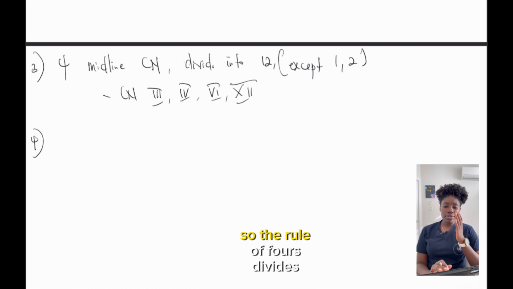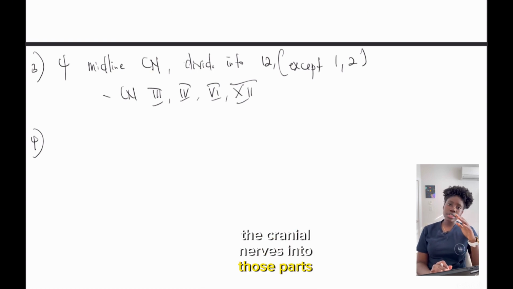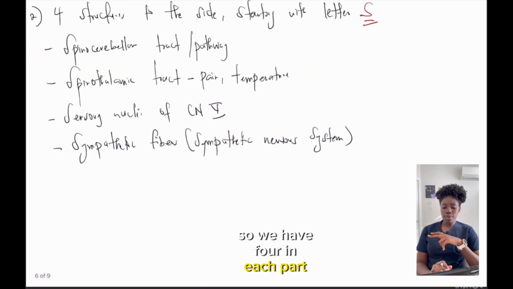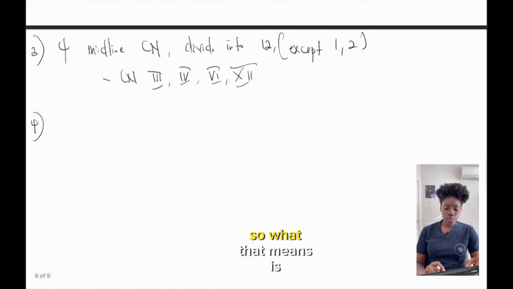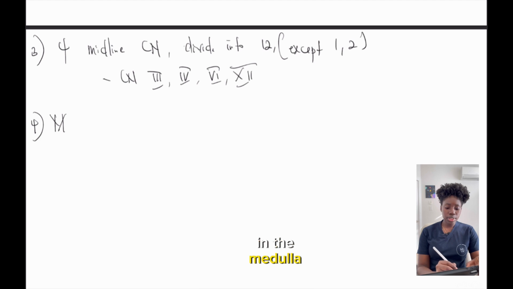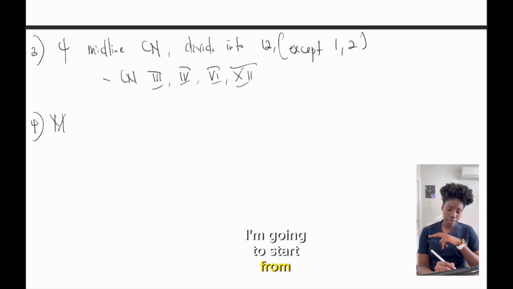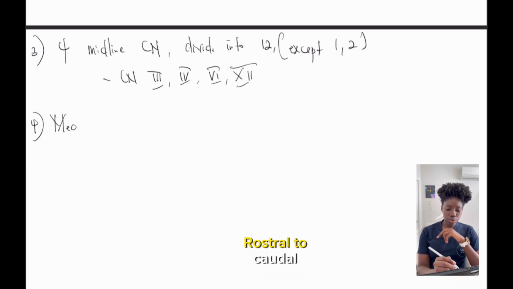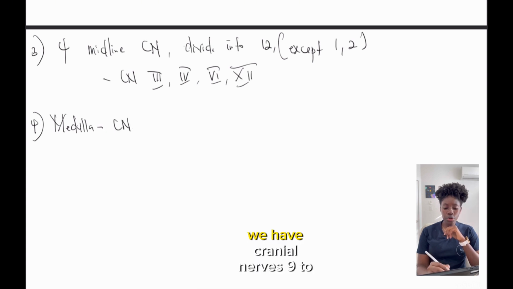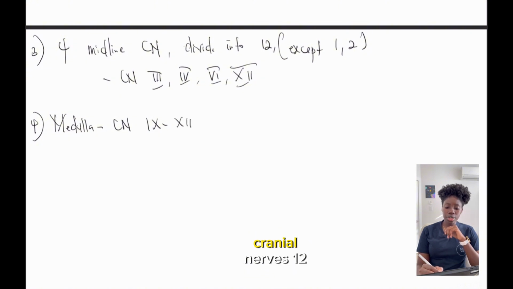So the rule of 4's divides the cranial nerves into those parts. So we have 4 in each part, making 12. So what that means is in the medulla, I'm going to start from rostral to caudal. So in the medulla, we have cranial nerves 9 to cranial nerves 12.